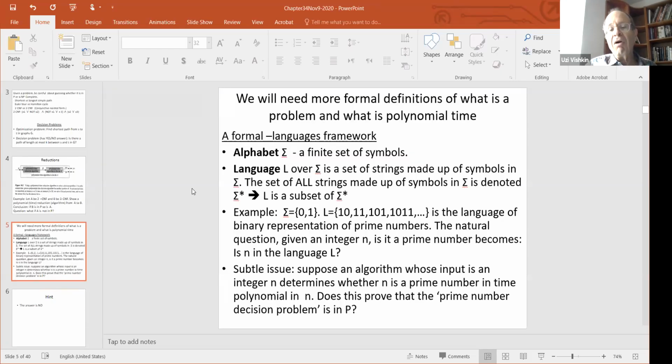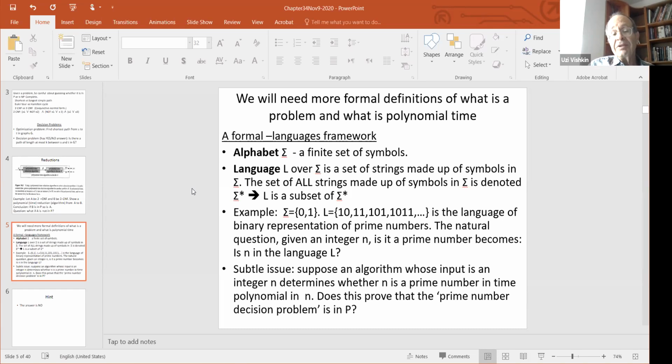Okay, so all of this is a pretty rigorous and formal mathematical theory. So in order to formalize it, we need to switch from the world of problems to the world of formal languages. And for that, I need to define what is a language, and then to explain what is a polynomial time algorithm in the context of a language.